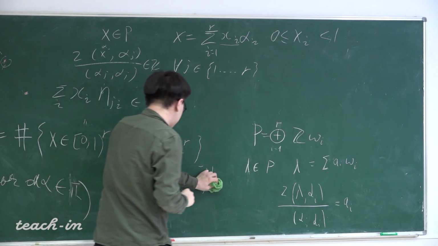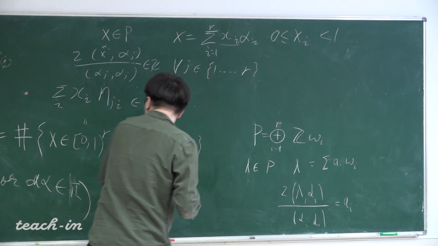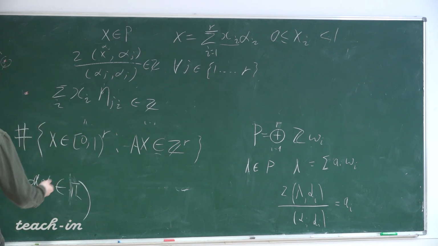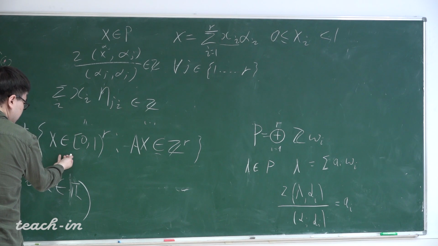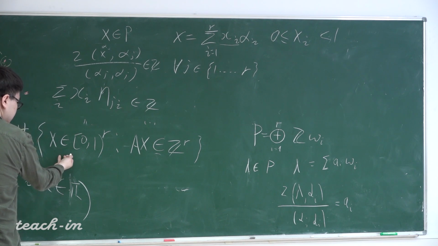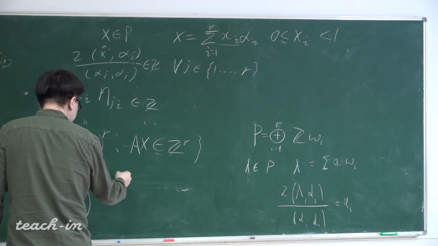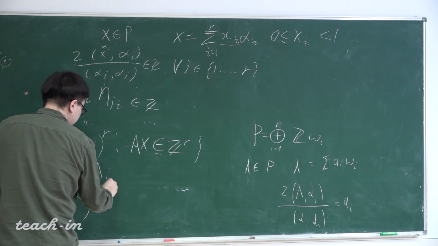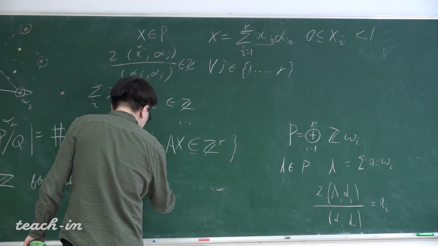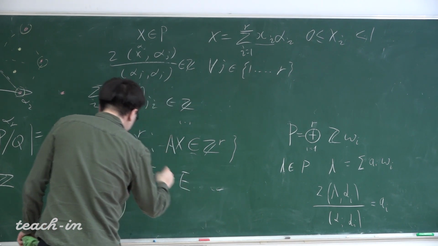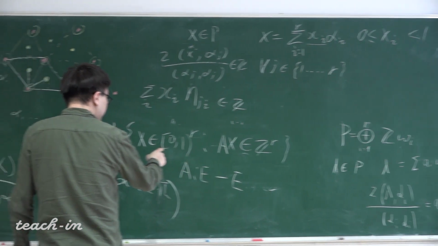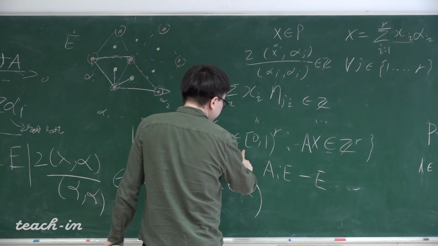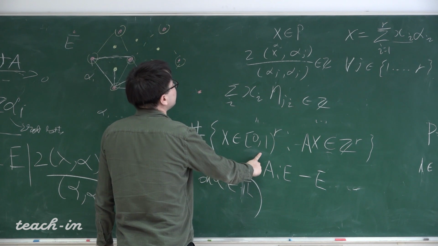Wait a minute, so here it is actually the image of something. If we consider A as a map from R^r to R^r, this set is actually the image of this area.